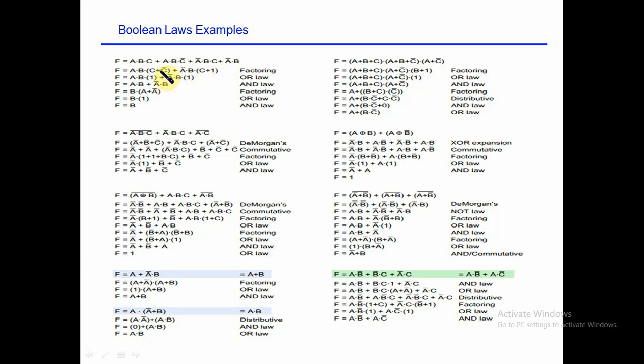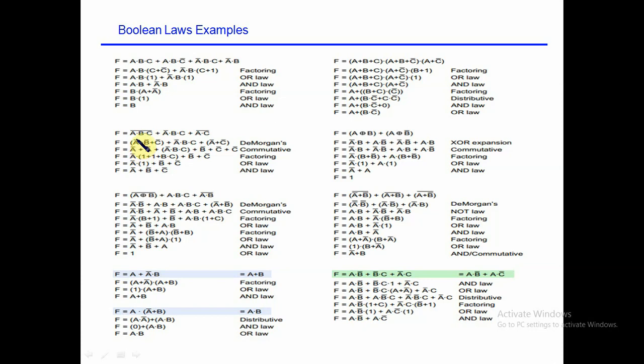The identity law is applied, hence we take AB as it is. Here also we get 1 by the OR law for A bar B, so we got the equation AB plus A bar B. B is common, A plus A bar is again the identity law, hence we got B. This is the simplified equation.